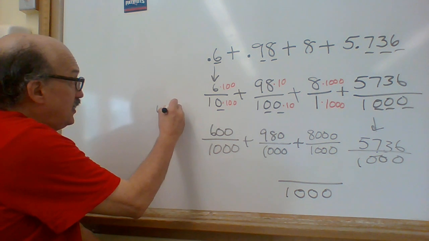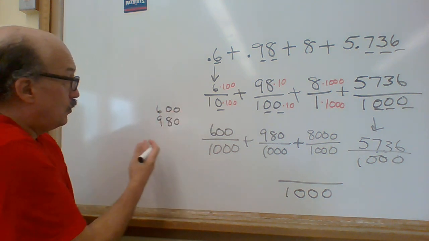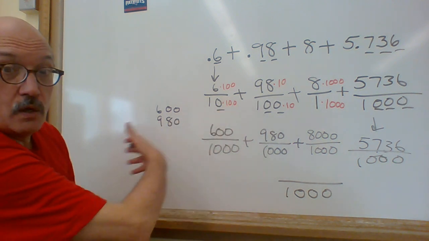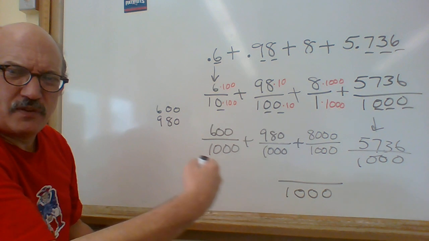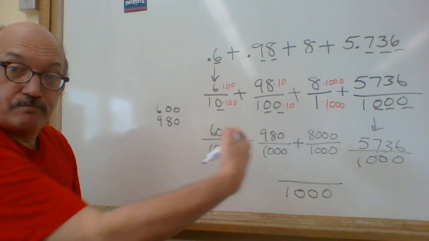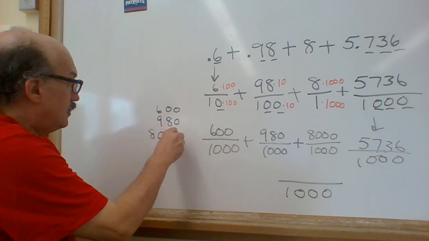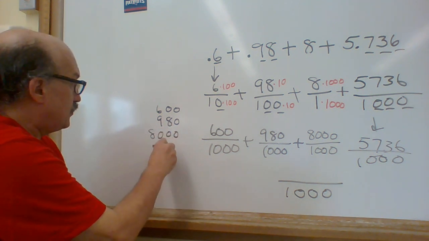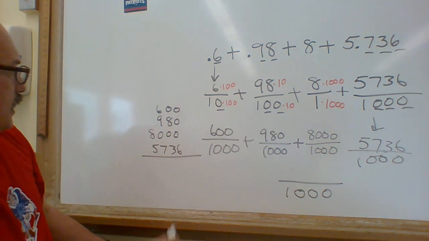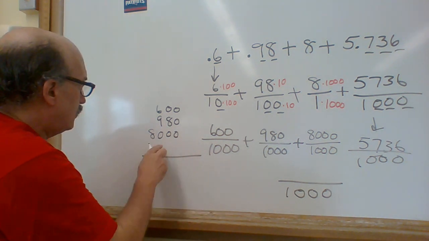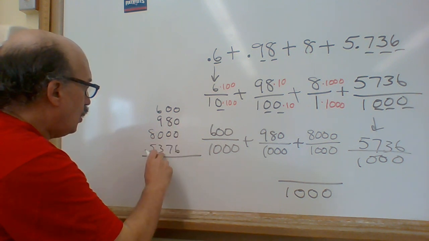I've got 600, and with whole numbers, what we call in typing right justify. Everything gets pushed over to the right, right? The 8,000, like that. The 5,736, like that. Okay? These are whole numbers, these numerators. So we do the whole number addition.